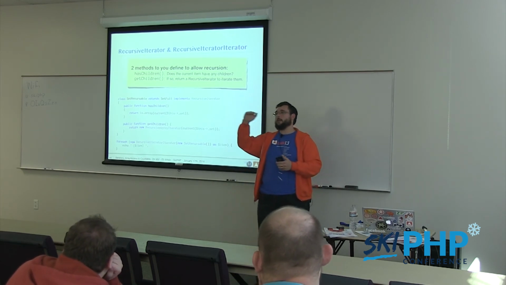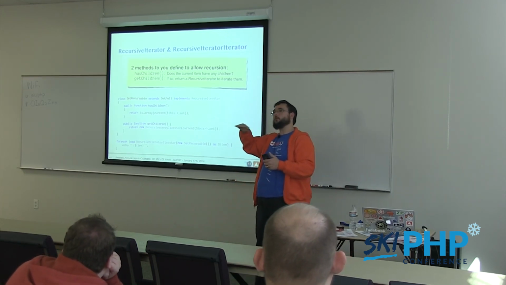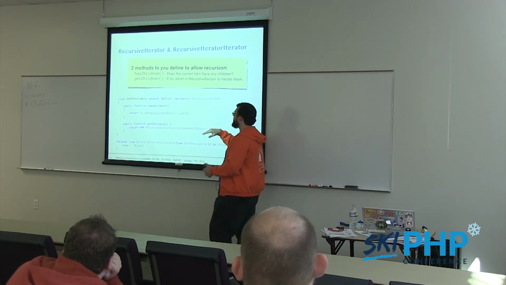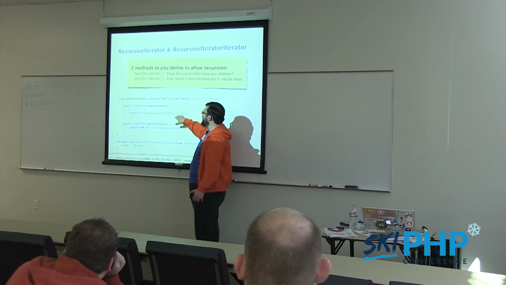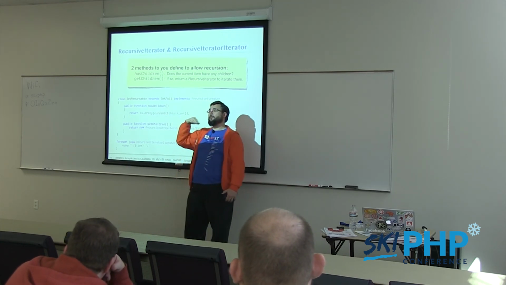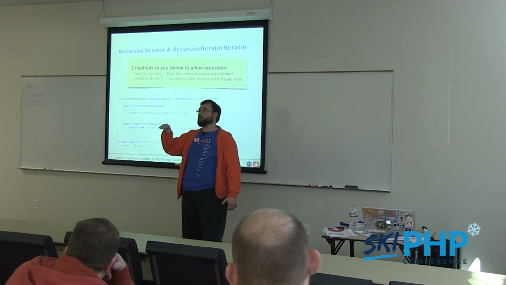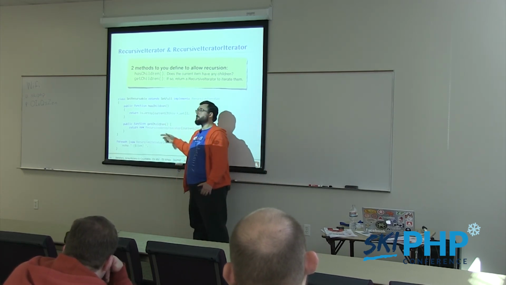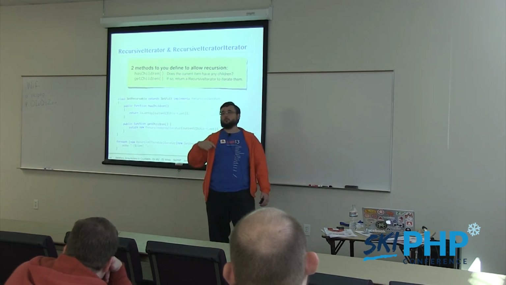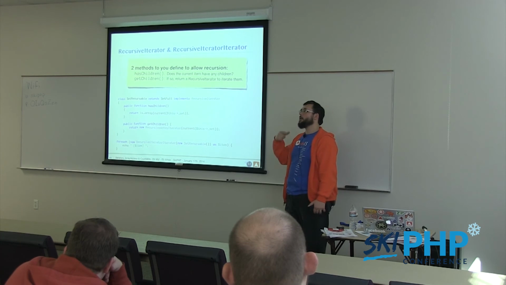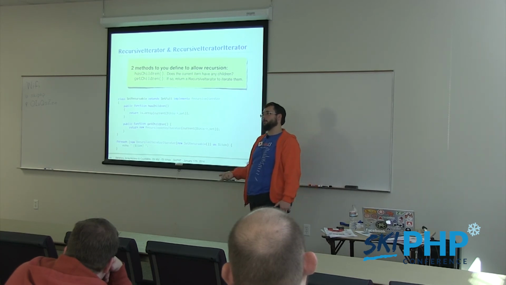So the idea is that in any step through your iteration, if you put a recursive iterator on top of something, if you implement a recursive iterator, at each step there will be a call of hasChildren: at this item I am at, are there children or not? If so, it will then call getChildren to get them. And getChildren itself actually needs to return not just the children, but a recursive iterator that can iterate over them.